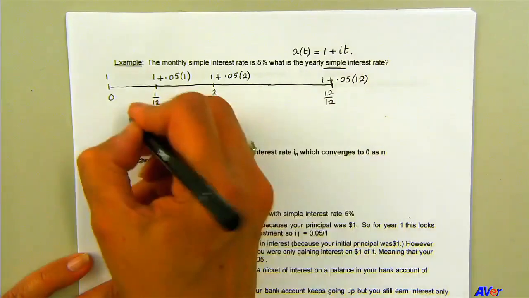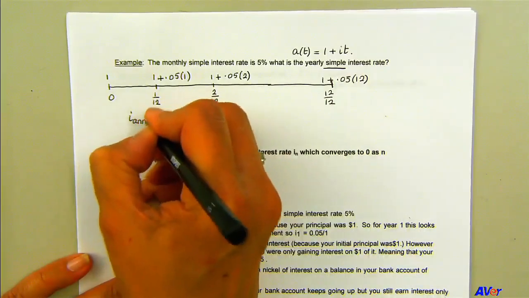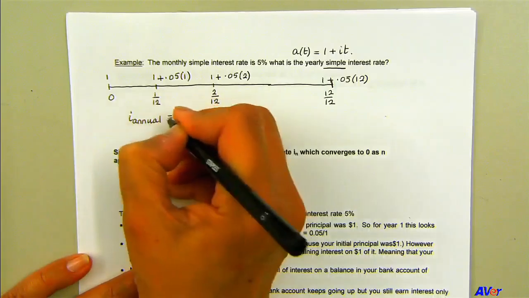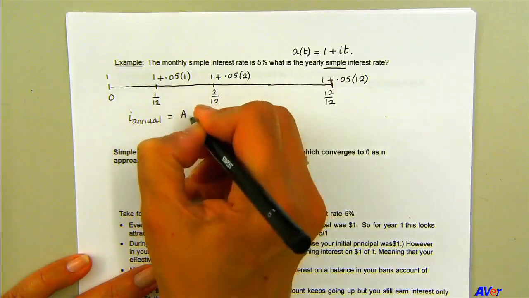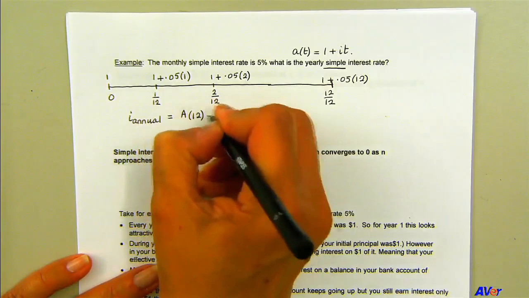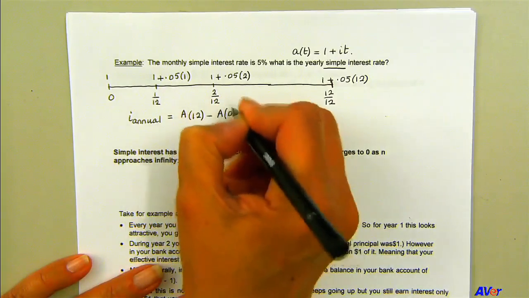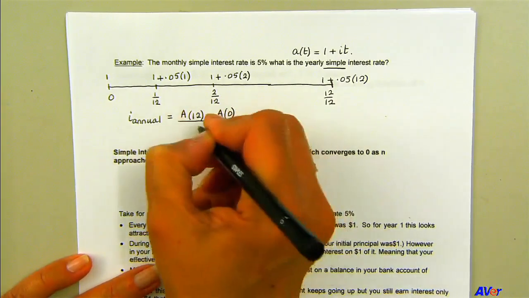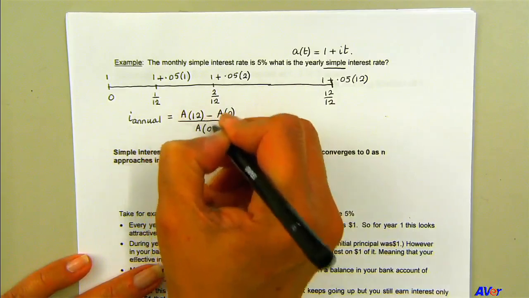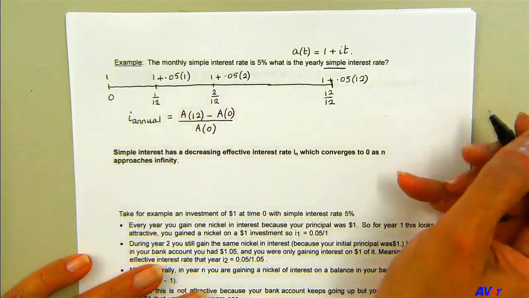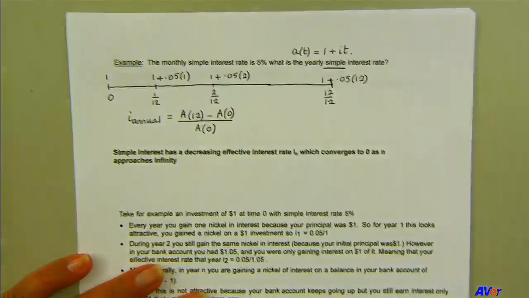So i annual, which is what I'm looking for, is equal to A of 12 minus A of 0 over A of 0. Remember that i is defined as the total interest earned divided by the initial balance.